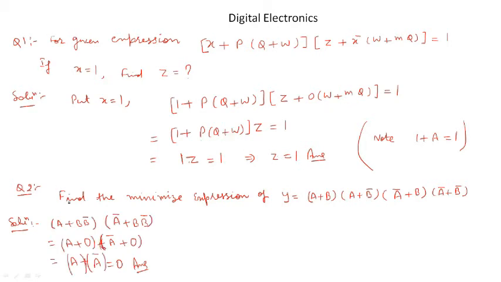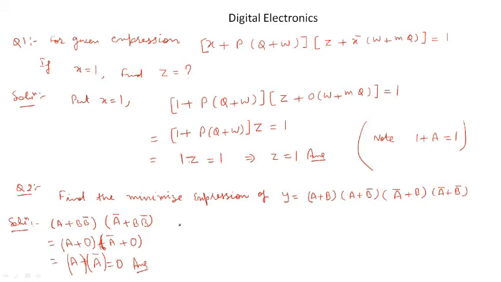The second problem is to find the minimized expression of y is equal to a plus b in bracket, a plus b bar in bracket, a bar plus b in bracket, and a bar plus b bar in bracket. Now if you see the first two brackets, the first term is common to both brackets. Similarly in the last two brackets, again the first term is common to both brackets.